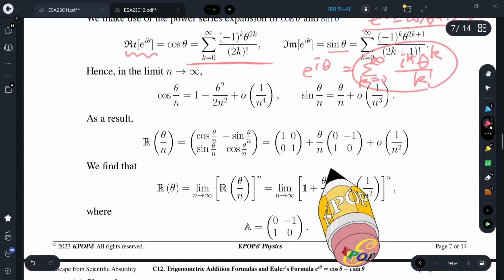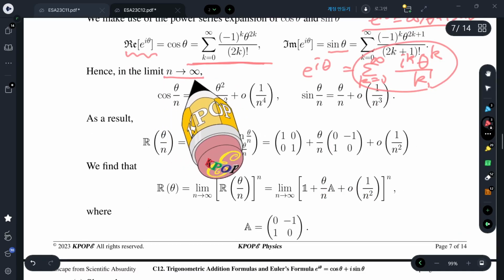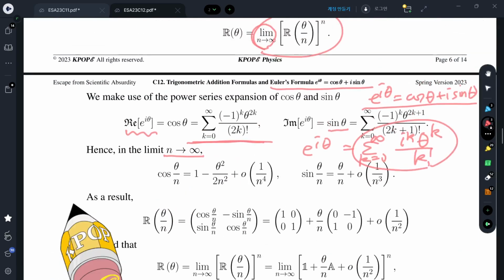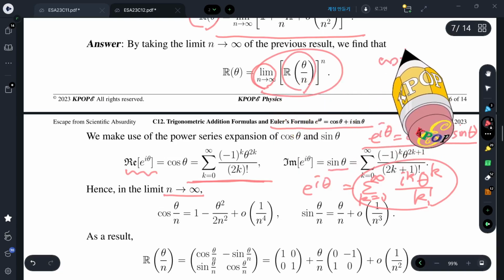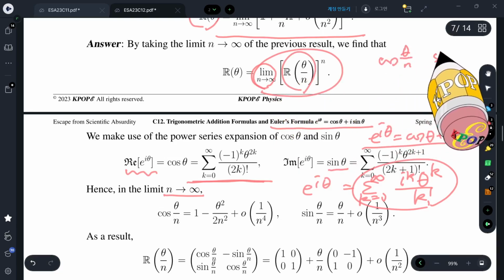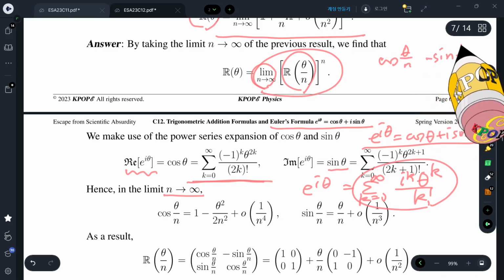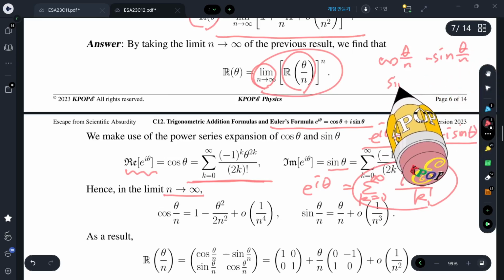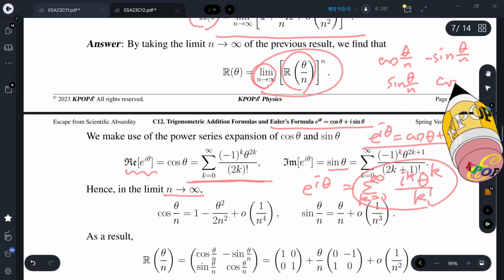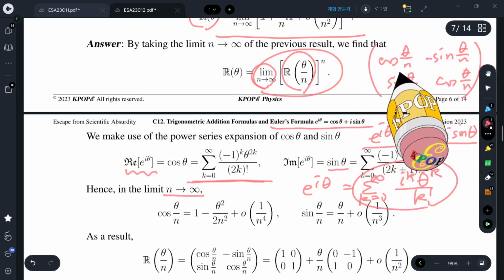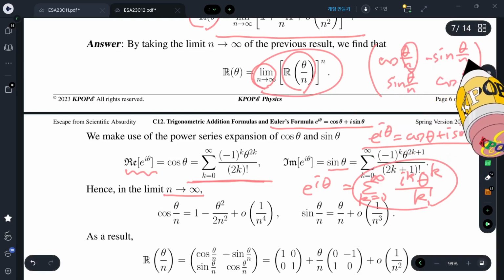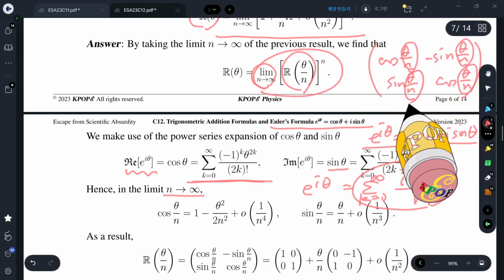Hence, in the limit n goes to infinity, we have here the matrix cosine theta over n, minus sine theta over n, sine theta over n, cosine theta over n. As n goes to infinity, theta over n becomes a very, very small number.